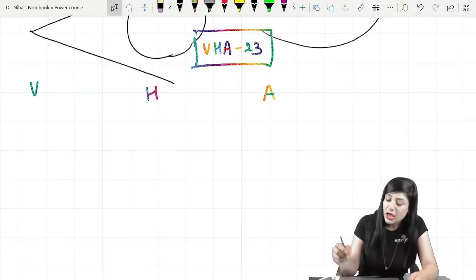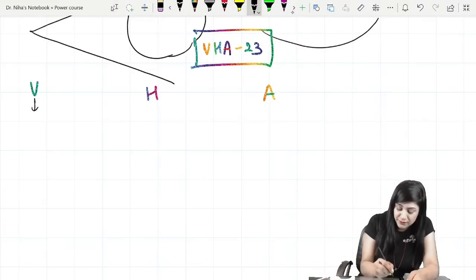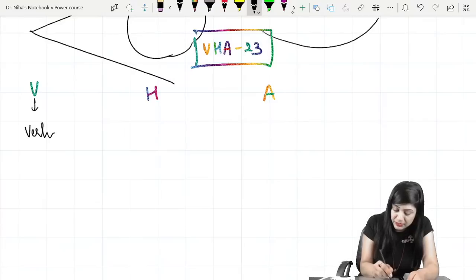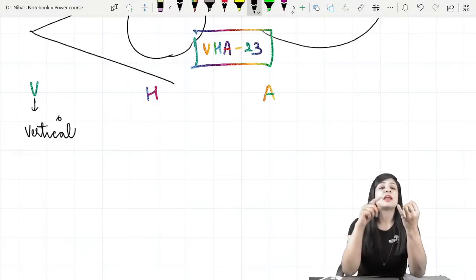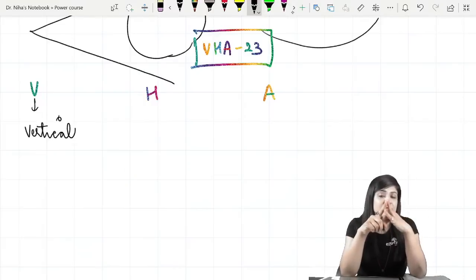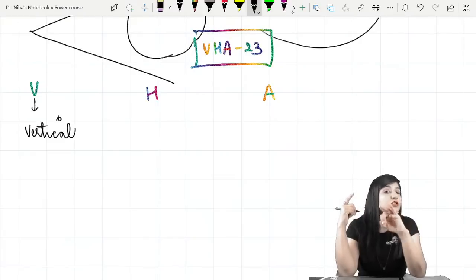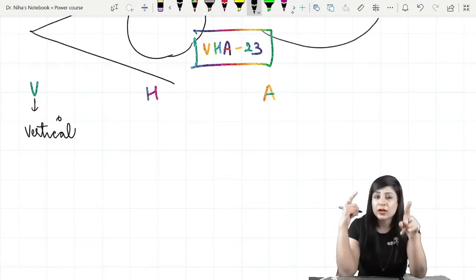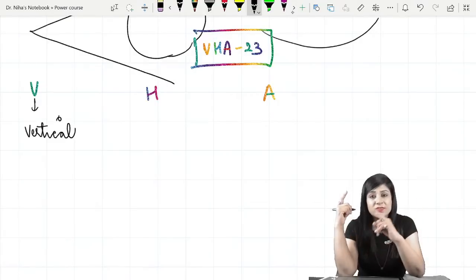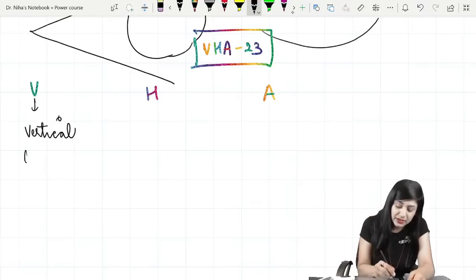Okay? Now we will start from V. V is the vertical diameter. We are starting from the smallest one because I said that there are 3 diameters and anteroposterior is the largest. Then eyes are horizontally set, so horizontal is more than vertical. Therefore, vertical will be the smallest one.